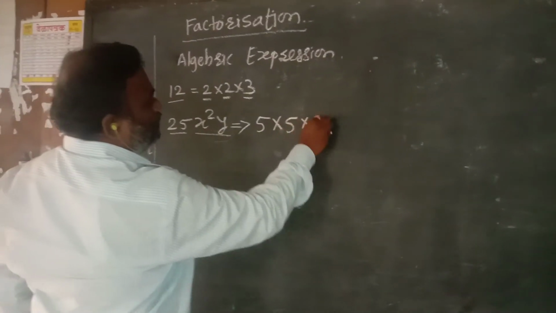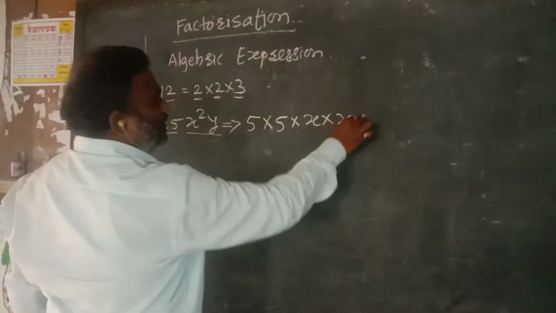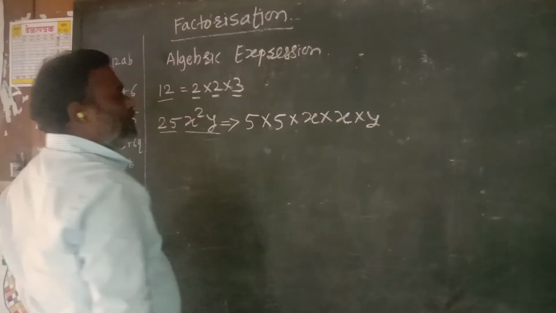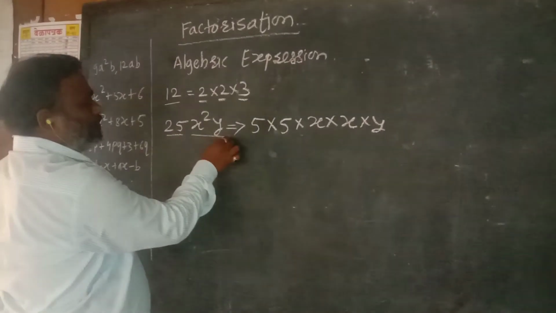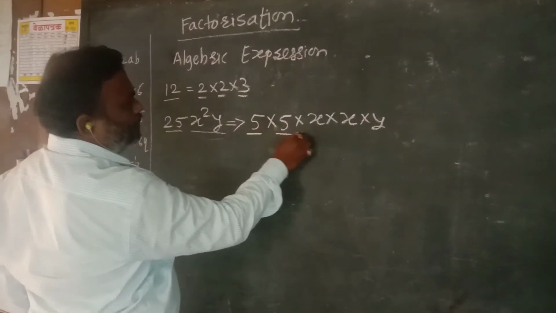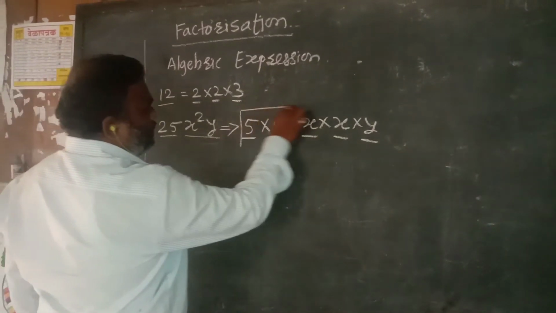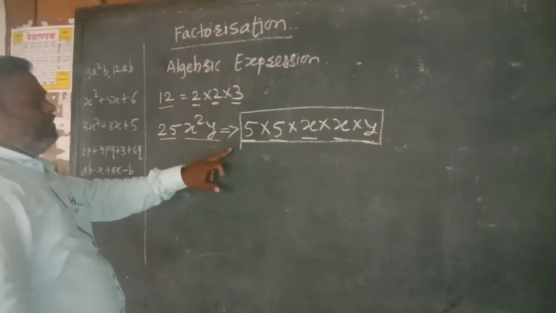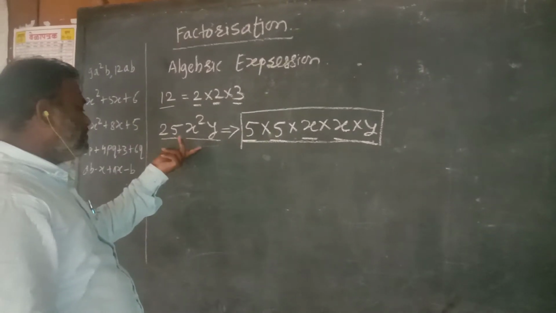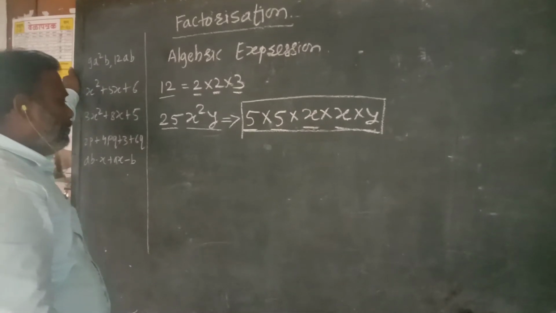We can represent x square as x into x, and y is single, hence we put it as y. Hence the factors of 25x square y are 5, 5, x, x, y. These are the factors of the given monomial.